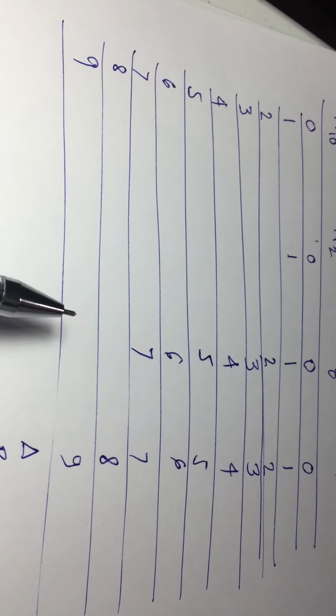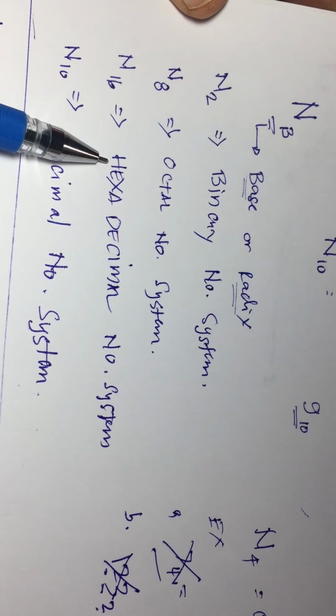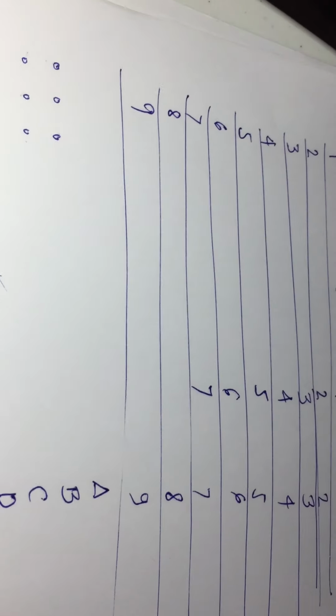The fourth one is the hexadecimal. So 10, and we will borrow 6 characters from the alphabet, from A to F. That's why we call it hexadecimal.